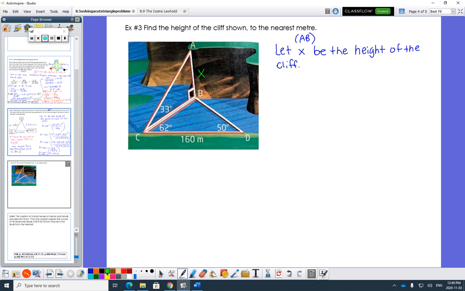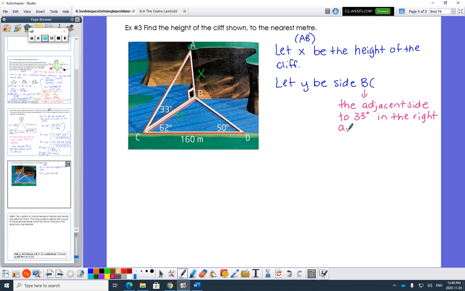So I'm going to call that, I'll use Y. So we need that side first.